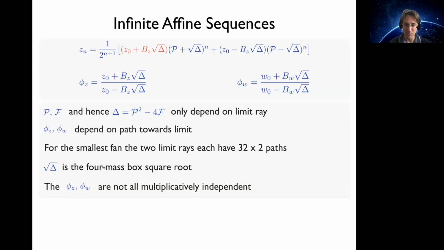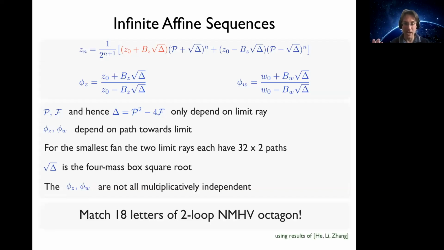They're not all multiplicatively independent. And in fact, there are 18 of them, which match exactly the 18 letters that were found in a recent 2-loop NMHV octagon computation by these authors at the bottom. Okay, so that's where I wanted to get to.